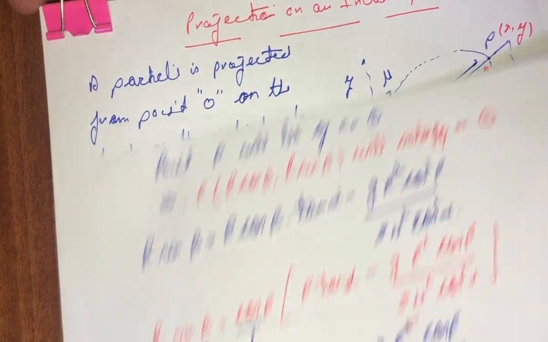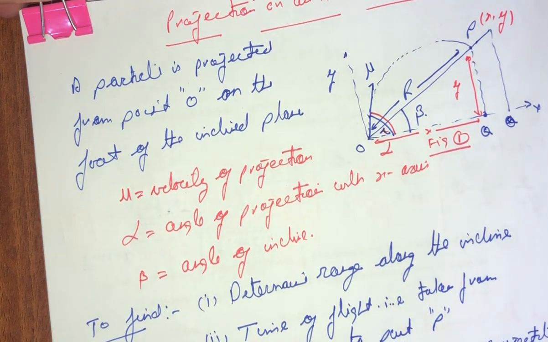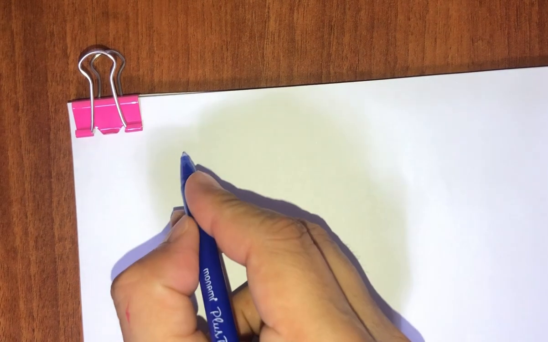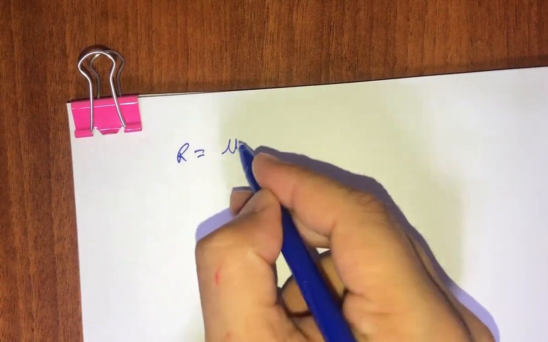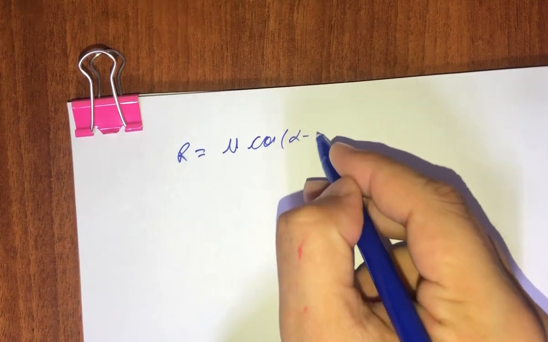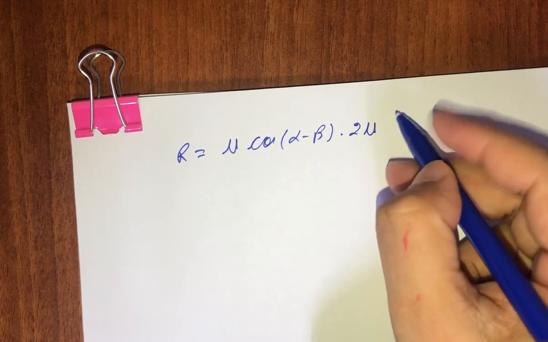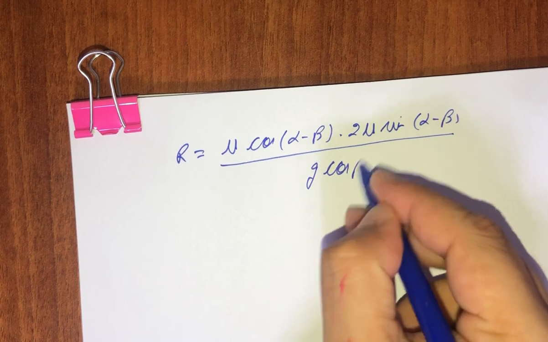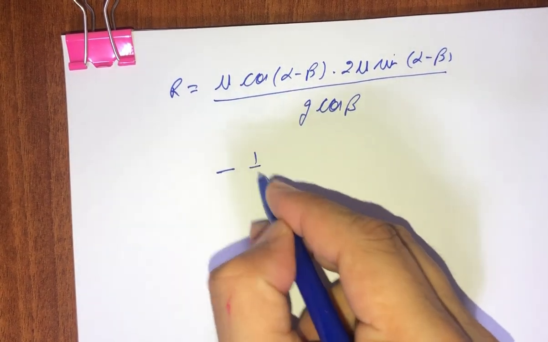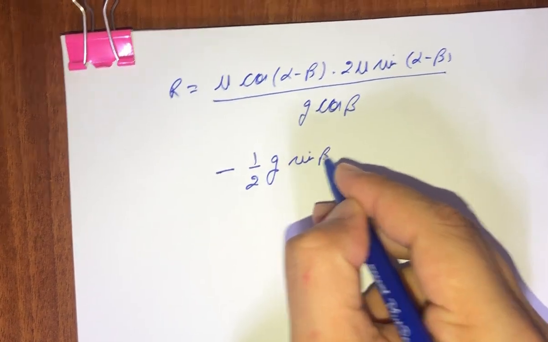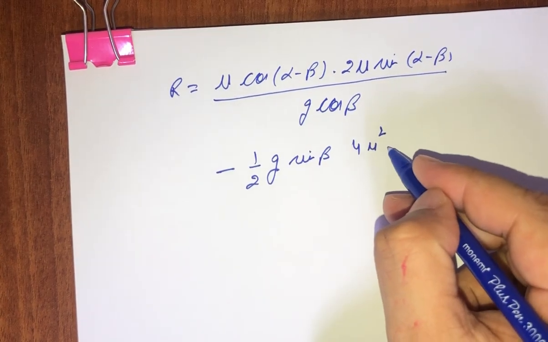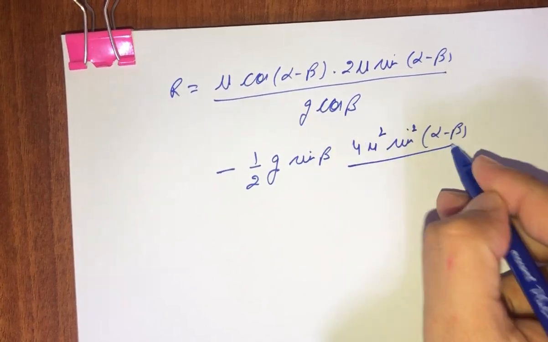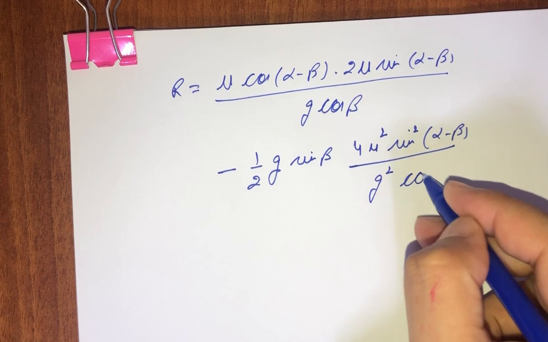Next we put the value of t in the equation. Putting the value of t in the equation, we can write that r is equal to u cos of alpha minus beta into 2u sine of alpha minus beta divided by g cos beta minus half g sine of beta, 4u square sine square alpha minus beta divided by g square cos square beta.